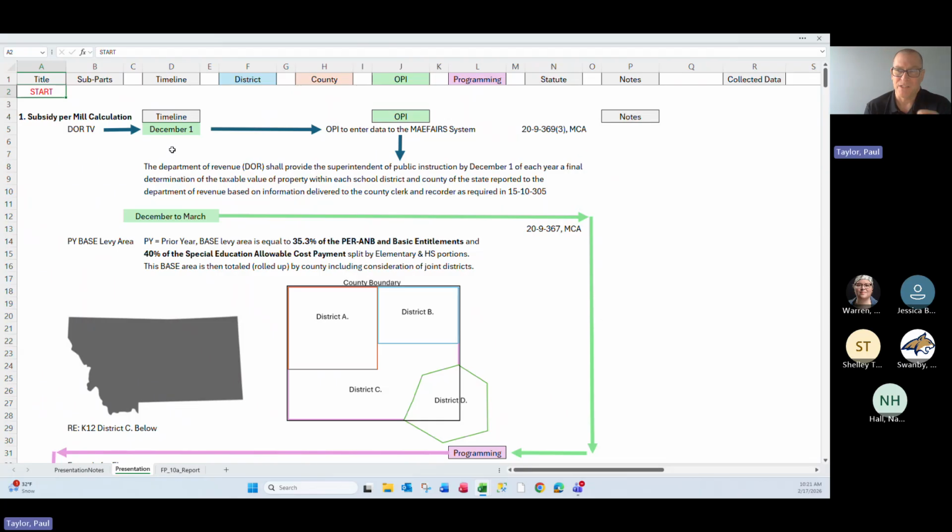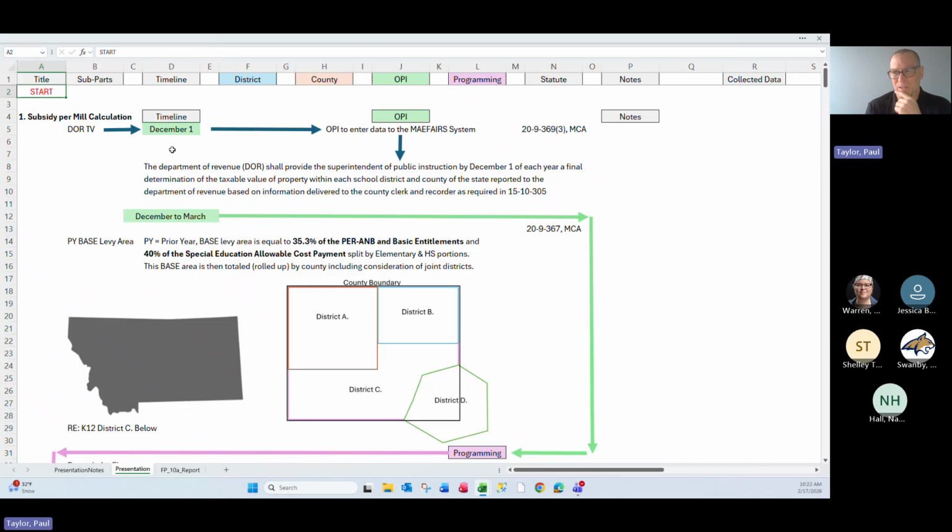If the change in taxable value equates to less than 1 mill's value, the district has the choice to accept or reject the change or the reassessed taxable value. And so what happens on occasion is an elementary school may choose to make the change, perhaps because the high school maybe is more land mass, they make the decision not to reassess.